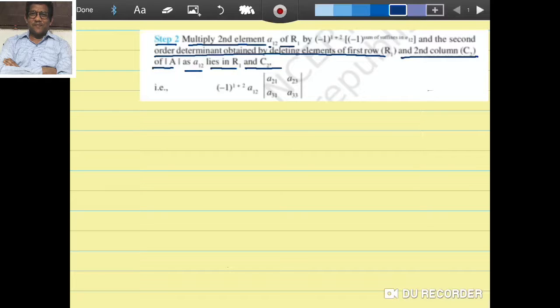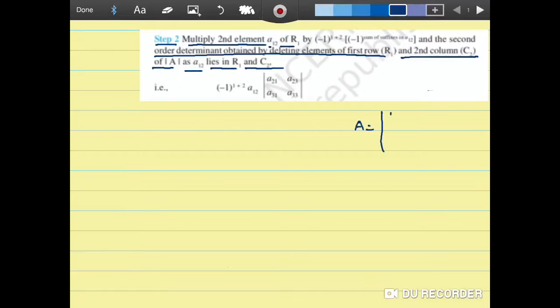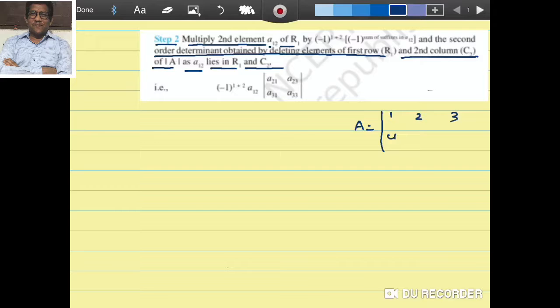For the example considered, A is equal to |1 2 3; 4 5 6; 7 8 9|. We multiply a12, that is a12 is equal to 2, with minus 1 to the power 1 plus 2, that is minus 1 to the power 3, that is minus 1.